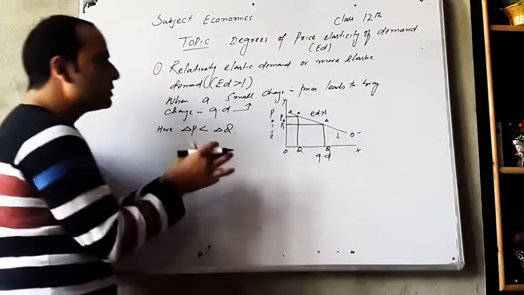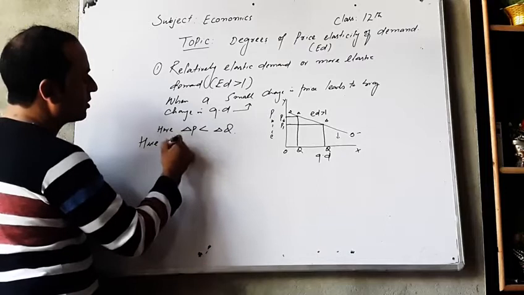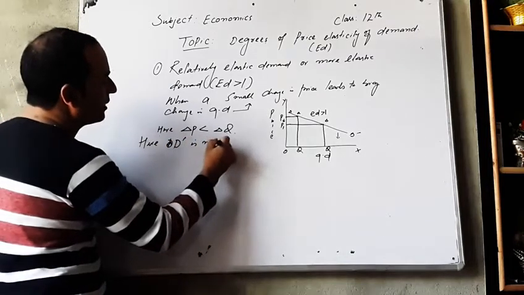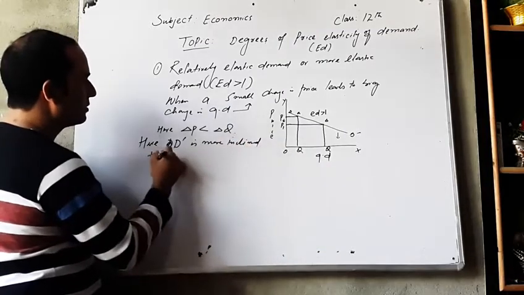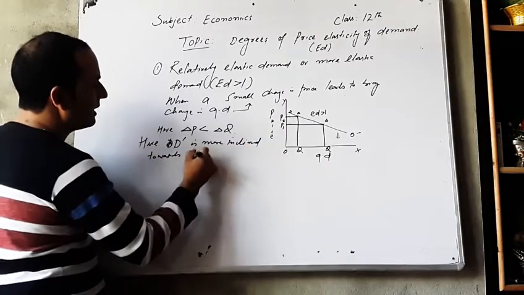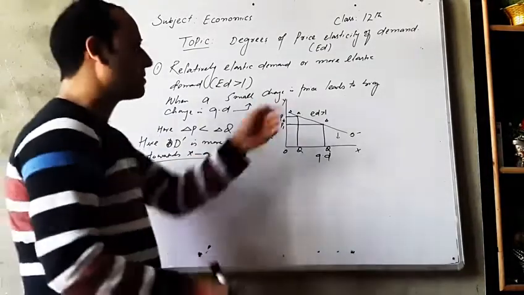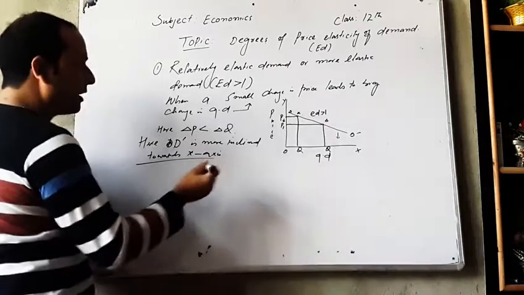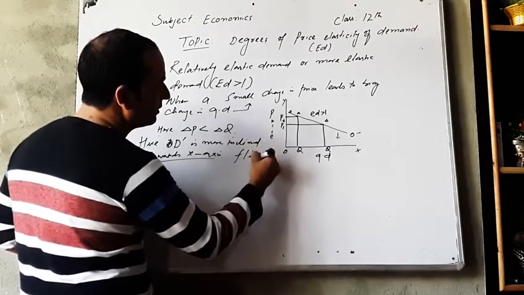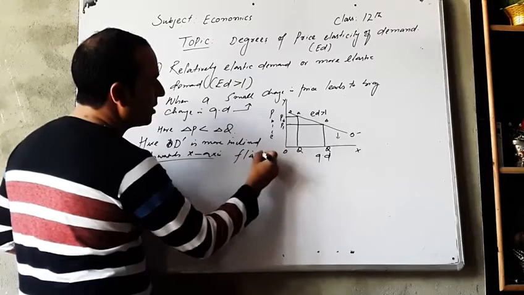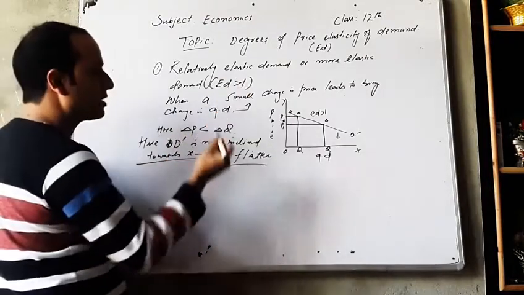So when the demand curve, that is DD dash, is more inclined towards x-axis, then elasticity of demand is greater than 1. Or more simply we can say, when the demand curve is flatter, then elasticity of demand is greater than 1. That is relatively or more elastic demand.